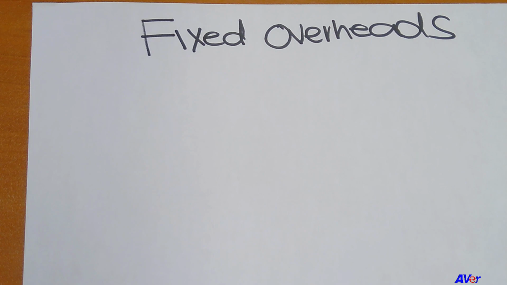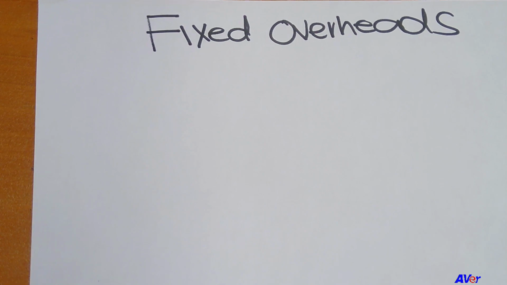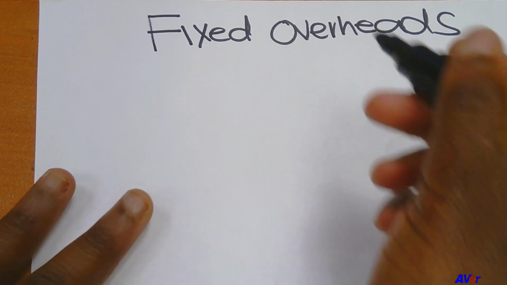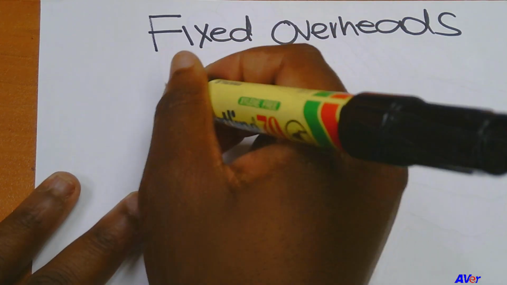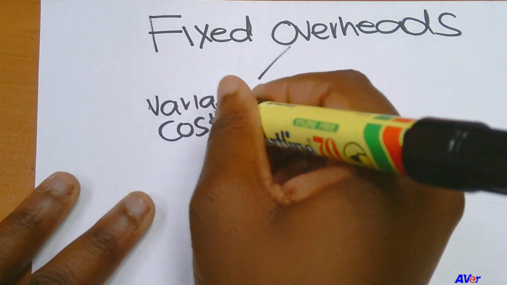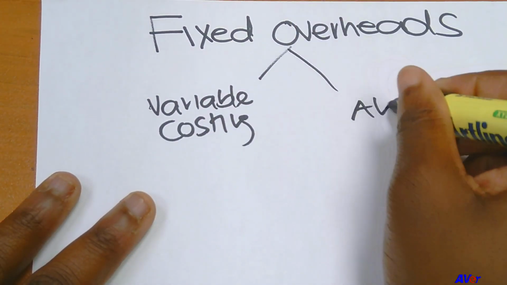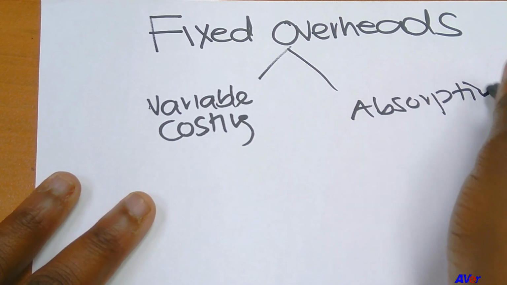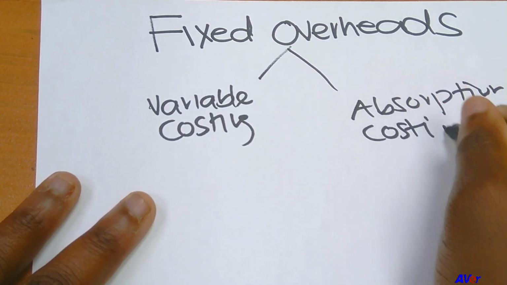Now, we said that the first thing that is important when we are looking at fixed overheads is that they are treated differently for variable costing and for absorption costing. Right?